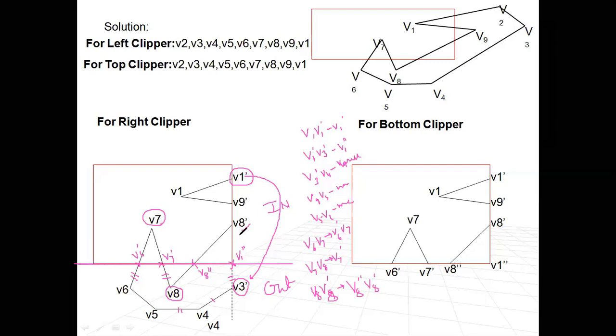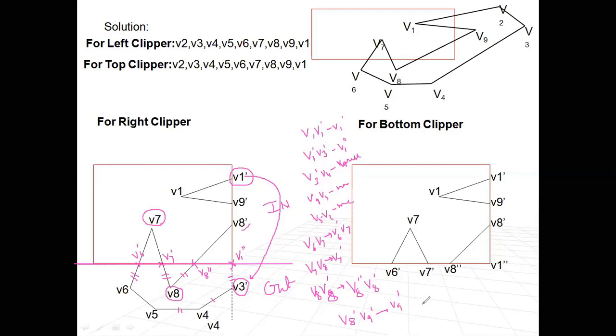So the intersection and the second vertex all will be saved, and this will be removed. Okay, now we will move from V8 dash to V9 dash. So both are in. V9 dash will be saved.